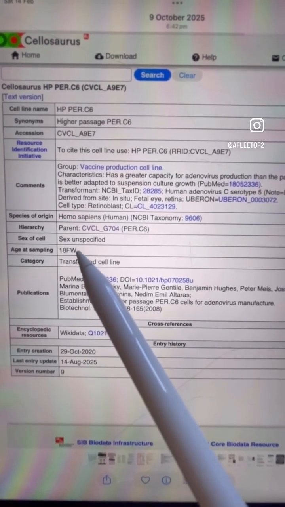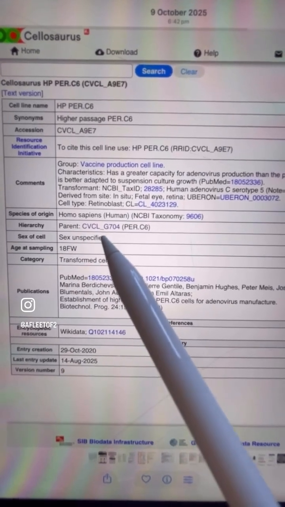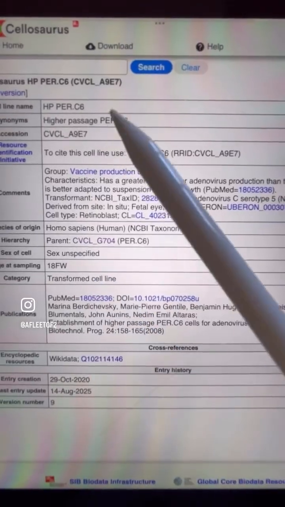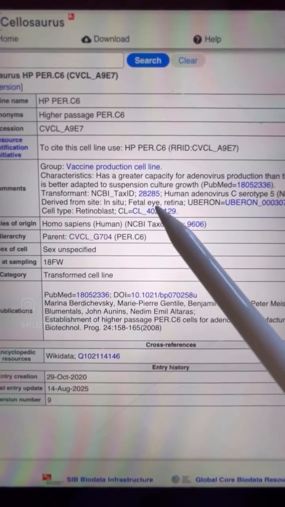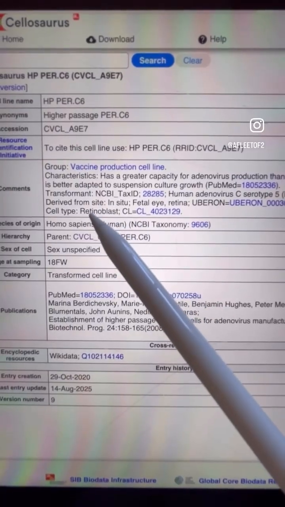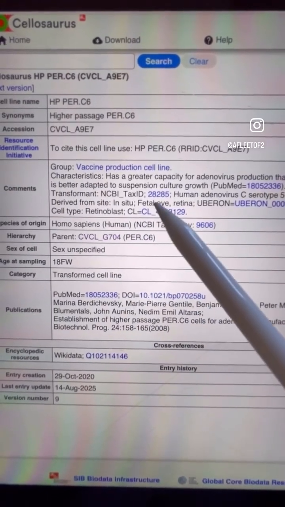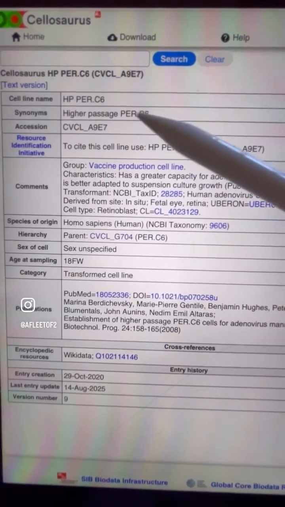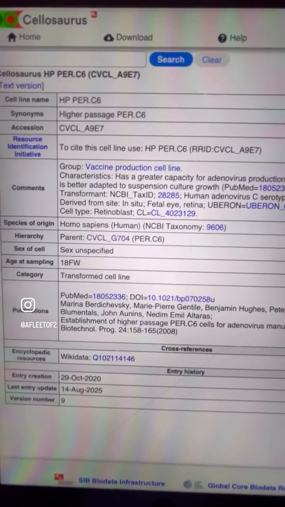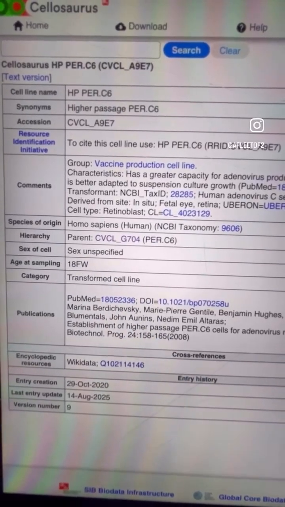FW is fetal week, so 18 fetal weeks, sex unidentified. This cell line was created from a fetal eye retina. I think the cell type is called retinoblast. So it comes from the fetal eye of a fetus that is 18 fetal weeks.